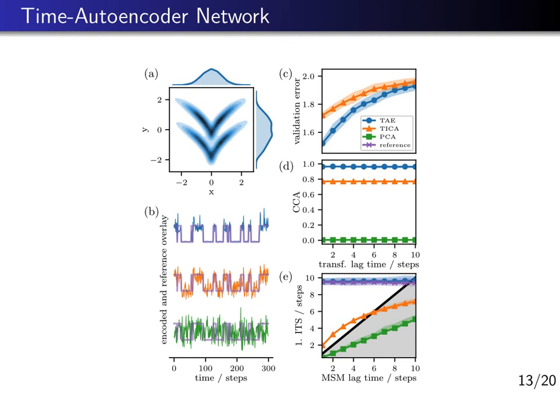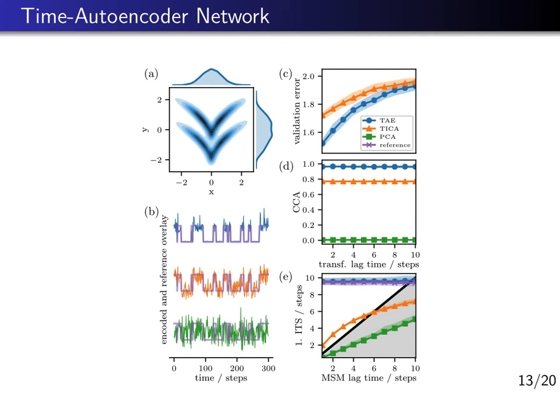I cannot find a linear projection of these two-dimensional data such that I can perfectly separate the slow process. So now if I generate data using this process and I use PCA, TICA or time-autoencoders, then I get the results shown in panel B.